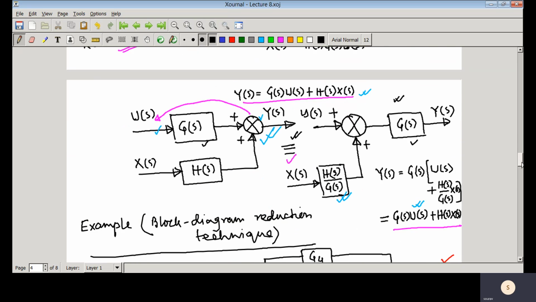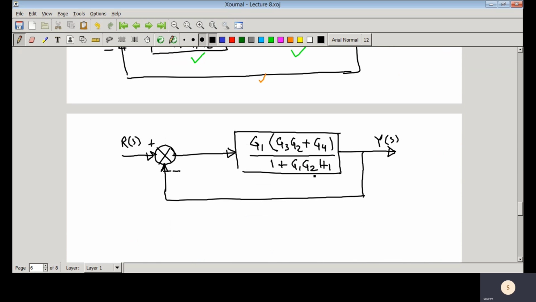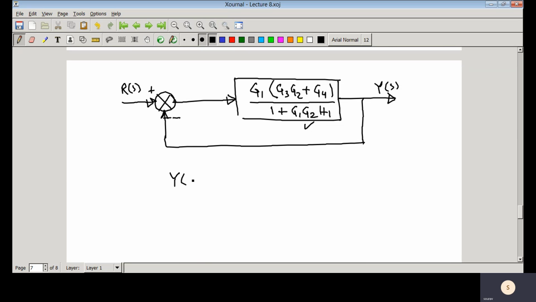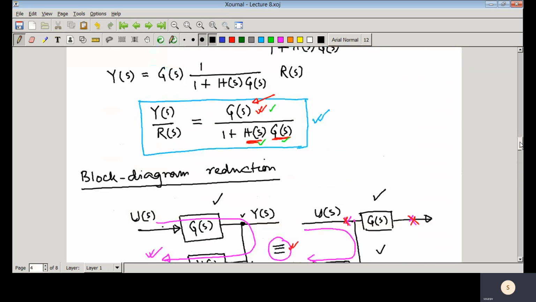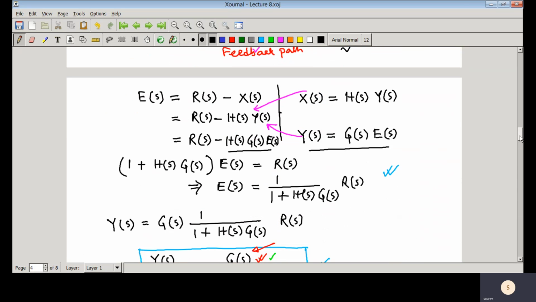Here you can see the forward path transfer function that you have. Then what is Y(s) by R(s)? Y(s) by R(s) equals the forward path transfer function, that is G1 into G3 G2 plus G4 divided by 1 plus G1 G2 H1, whole divided by 1 plus the feedback path transfer function into the forward path transfer function.